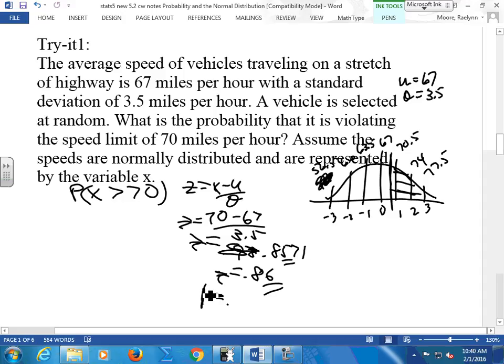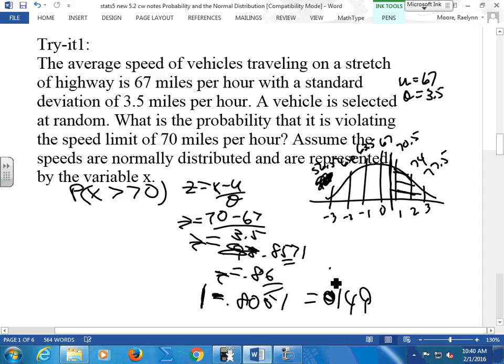Is it 1 minus, but I want to know what you found when you looked up 0.86. It's 0.8051. Thank you. Okay, so that showed me it's greater than 50%, and I knew 84% is at my 1 because I'm close enough to the 50 and then the 34 things. So I subtract this to get my answer.